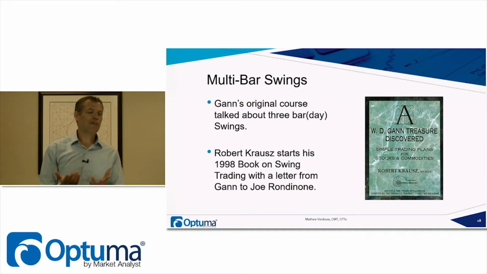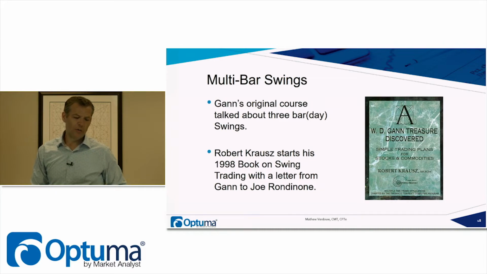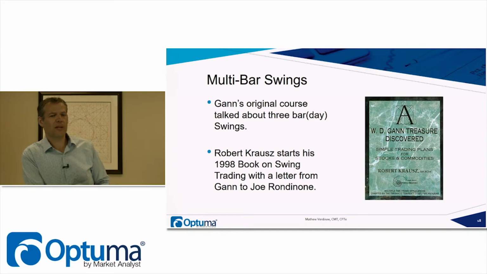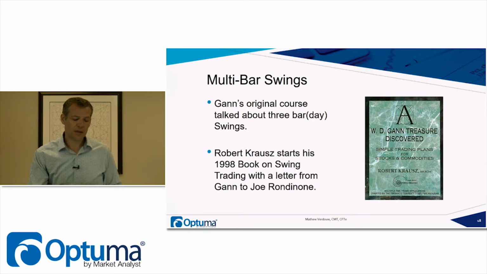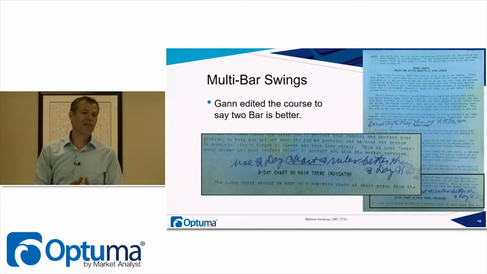But he prefaced this book with a letter from Gann to Joe Rondinone. Now, Joe was, as far as we understand, Gann's last student, the last student living at the time. I think he's passed away now. But he had all this material that Gann had sent him over the years. And there was one thing that came up, and this is what's reproduced in the preface of that book.